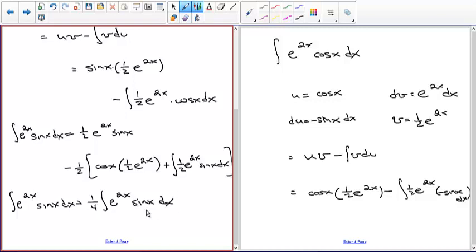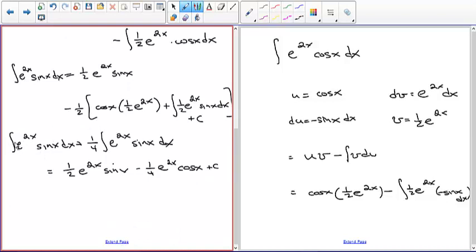Okay, so that's the left-hand side. And on the right-hand side, you've got 1/2 e to the 2x sine x. And here we have negative 1/2 times positive 1/2, which is negative 1/4. So we get negative 1/4 e to the 2x times the cosine of x. And I forgot my plus c over here, plus c.